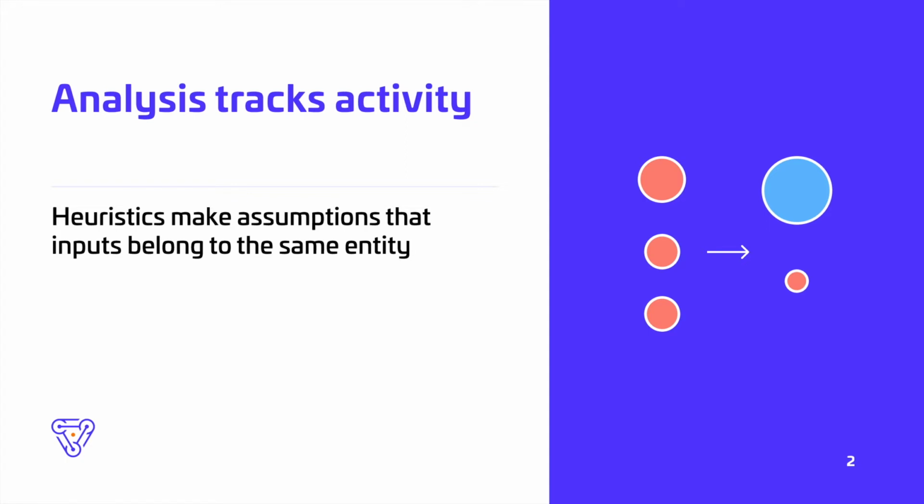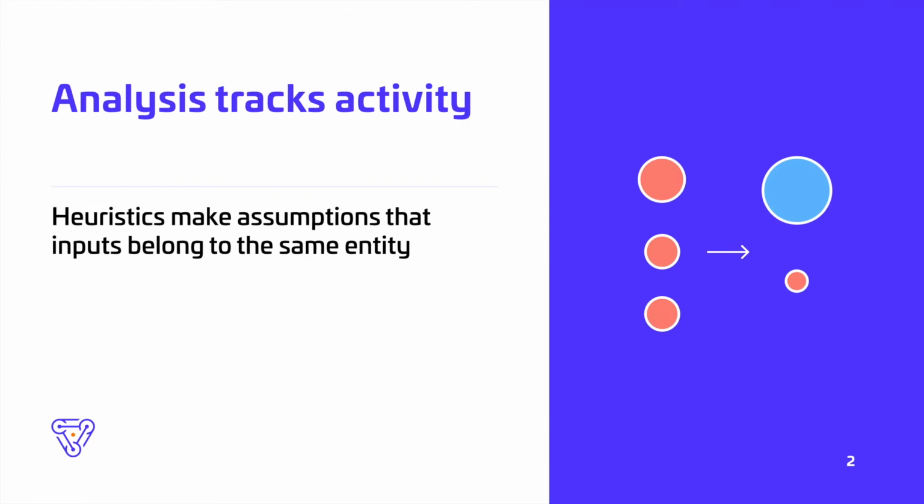What analysis does right now is make some guesses called heuristics about where the inputs to a transaction came from, and then they can track the activity assuming their guesses are correct. One of these guesses is called the common input ownership heuristic, where all 3 on the left are owned by red.